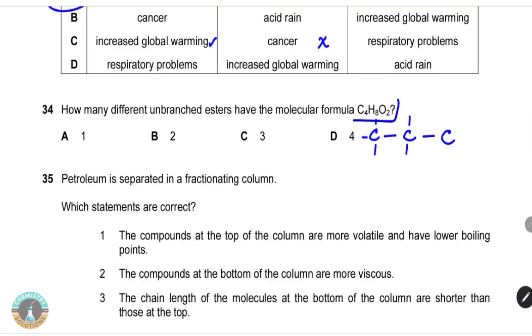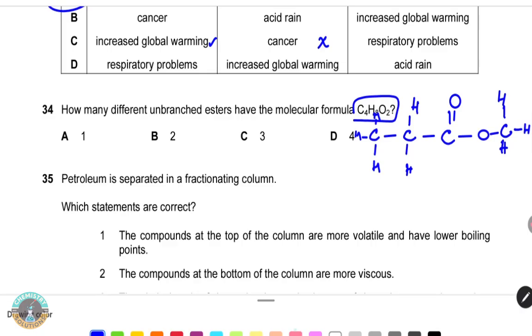You all must know the formula of an ester, one alcohol and one carbonate part. So you can calculate 4 carbon, 8 hydrogen atoms and 2 oxygen atoms. One shape is like this. We have to form the unbranched ones.